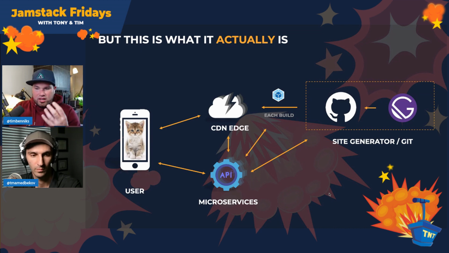And you can expand that into anything you'd like, because you can see the arrows pointing from microservices to Gatsby, but the microservice also points to the build, to the CDN edge, and to the client. There are limitless things you can do with these microservices as long as you can orchestrate them together to do something on the client side.